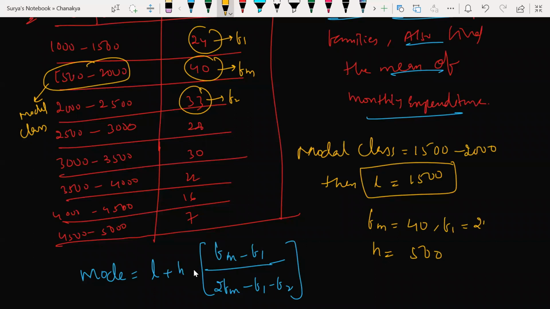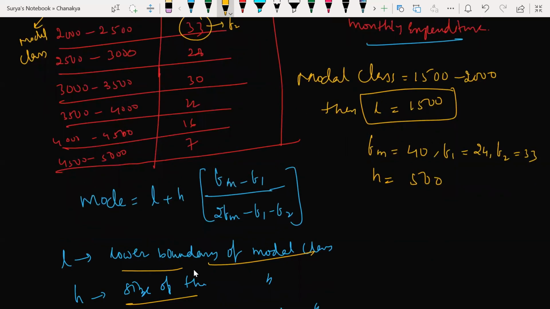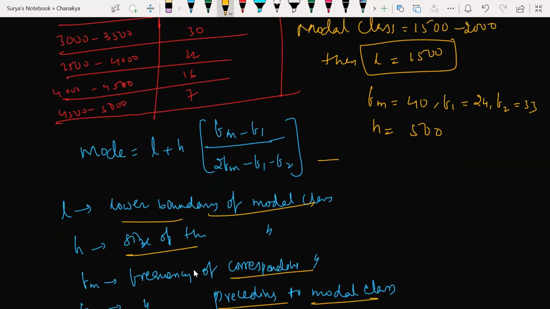Everything you got, substitute straight away here. Mode is equal to L, 1500, plus H, 500, times Fm 40 minus F1 24, divided by 2 times Fm, 80, minus F1 24 minus F2 33.